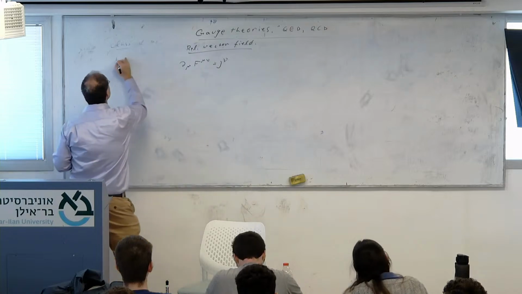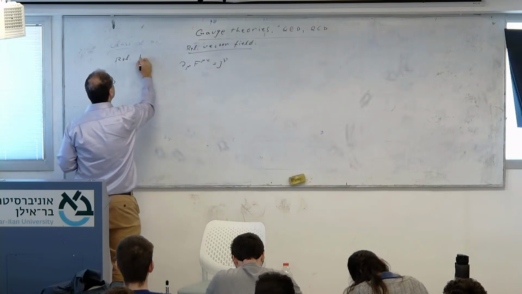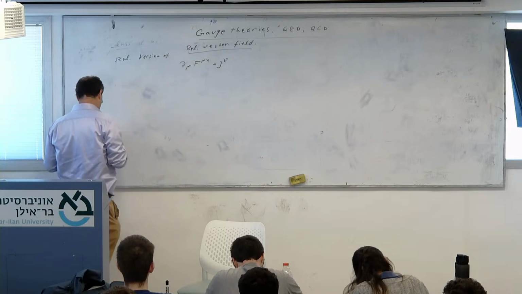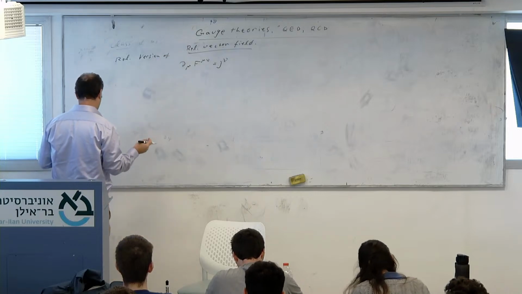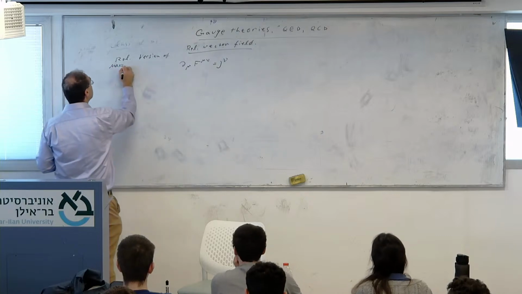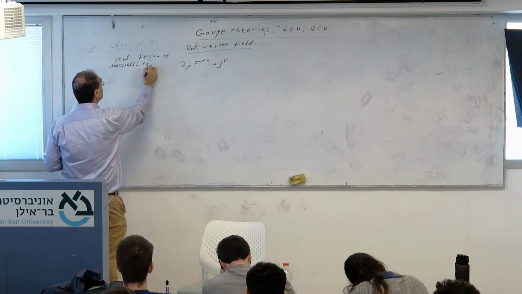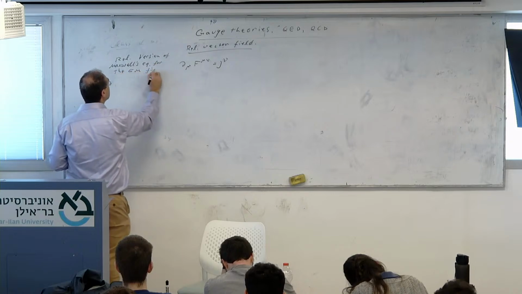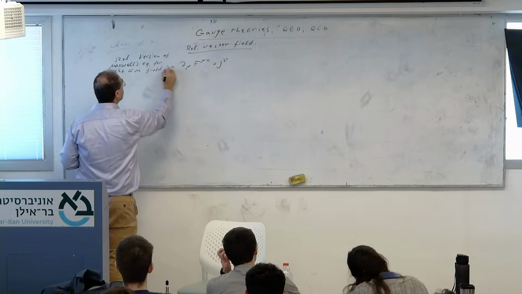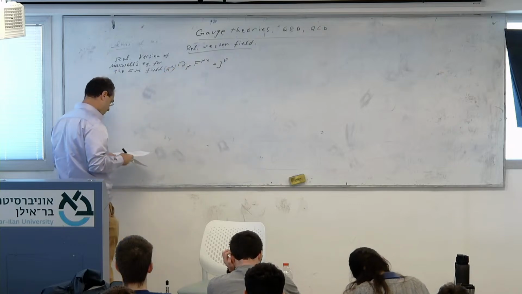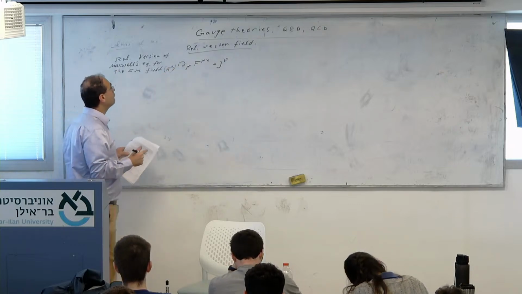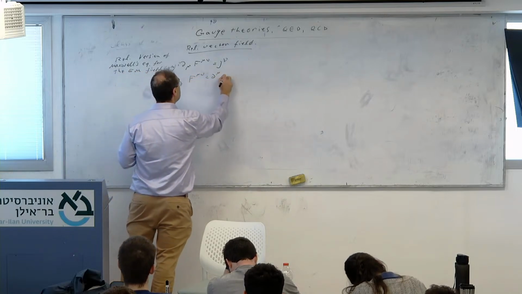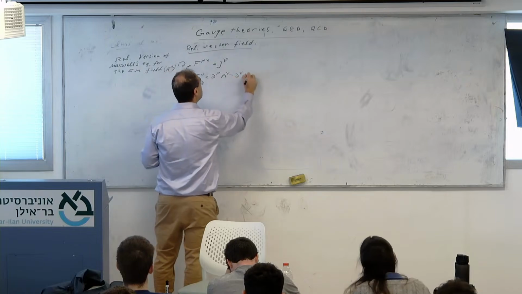This is the relativistic version of Maxwell's equation for the electromagnetic field. Remember that F mu nu was D mu A nu minus D nu A mu.